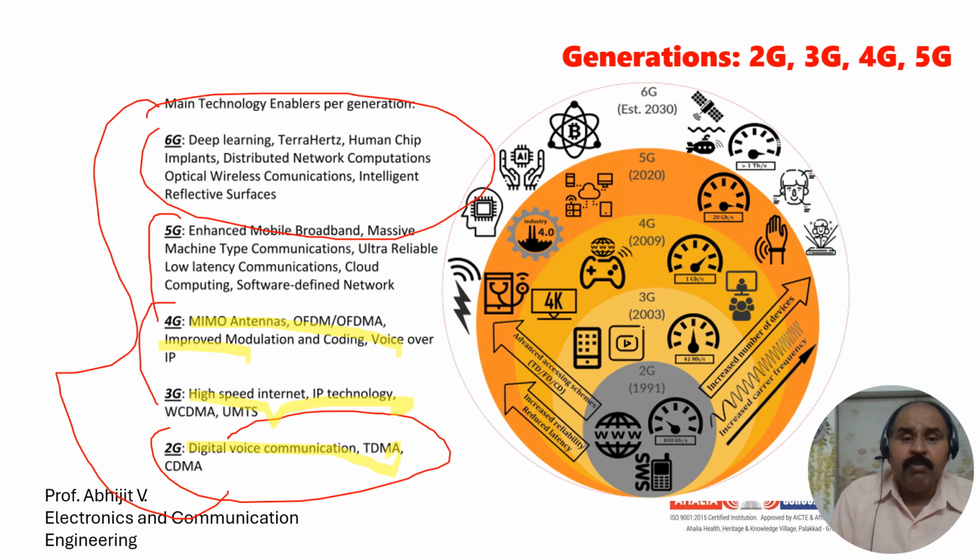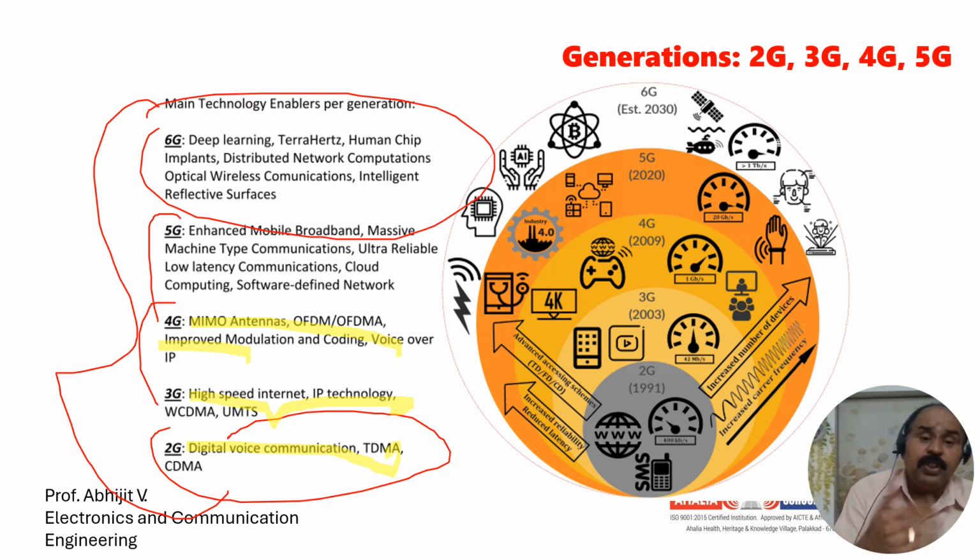So we need more facilities, and 5G became essential. 5G was deployed. The first commercial deployment of 5G was in 2019, and now 5G has been deployed in almost every country and every place. Most of you are using 5G mobile phones.